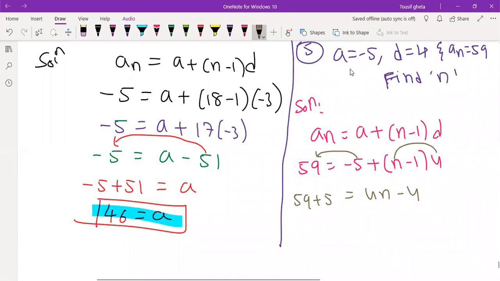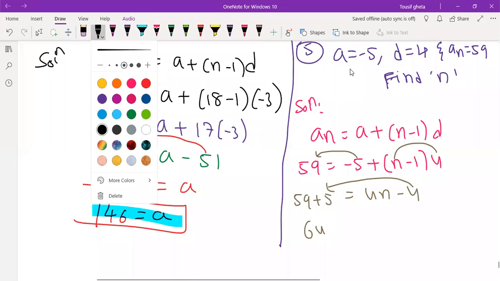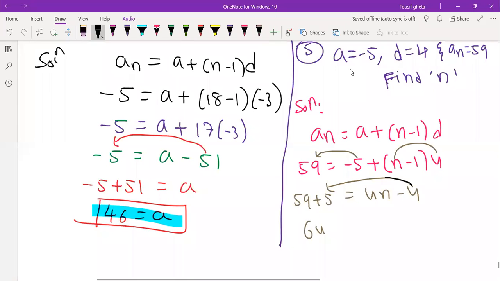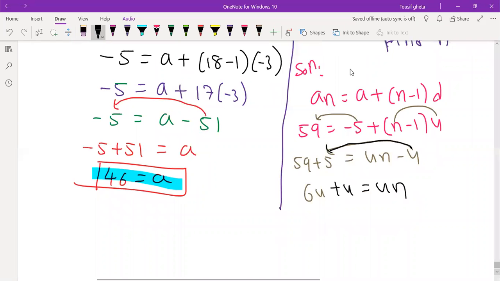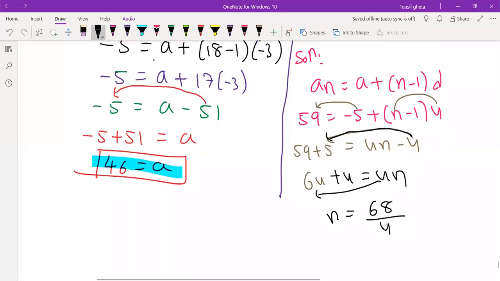So 64 is equal to, this 4 also I will take here, so that the steps get less. That is the aim, to make steps less. 4 will become plus 4 is equal to 4n. So n is equal to 68 divided by 4. Cancellation you do, 4 ones are 4, 4 seventeens are 68. So 17.